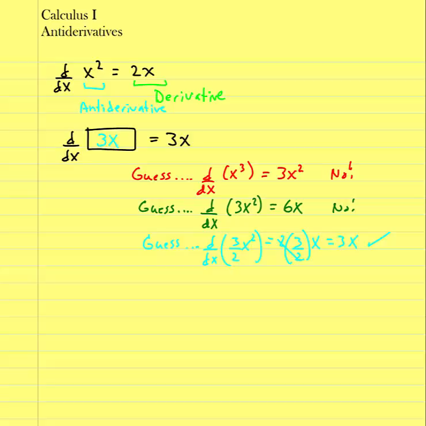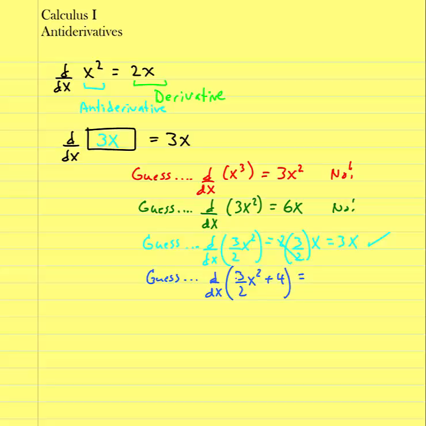But the question is, was that the only antiderivative that it could have been? Now that I'm on the right track, let's guess again. What about the derivative with respect to x of 3/2 x squared plus 4, let's say?